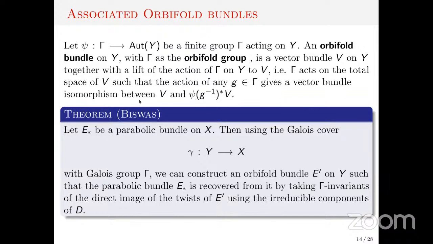So this is the definition of an orbifold bundle, and there is a construction going from a parabolic bundle to the associated orbifold bundle, and from an orbifold bundle to the parabolic bundle.